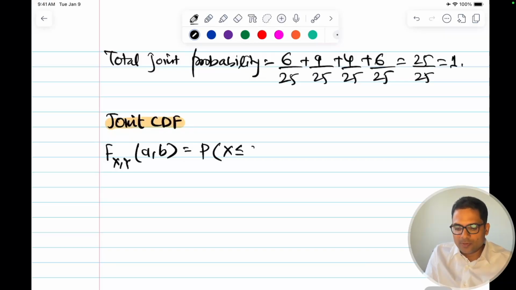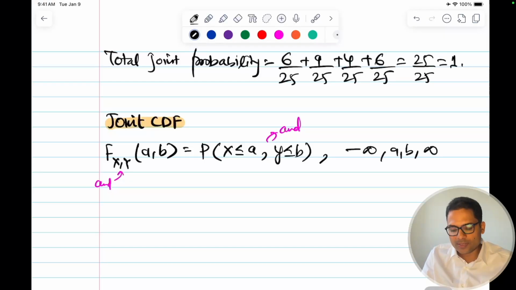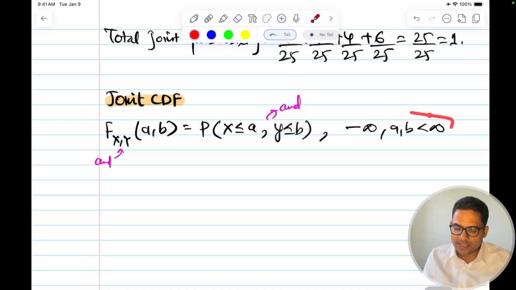Probability of X less than or equal to A, and wherever you see comma, read it as and. And Y is less than or equal to B, where A and B lie between minus infinity and plus infinity. So this is your joint CDF.